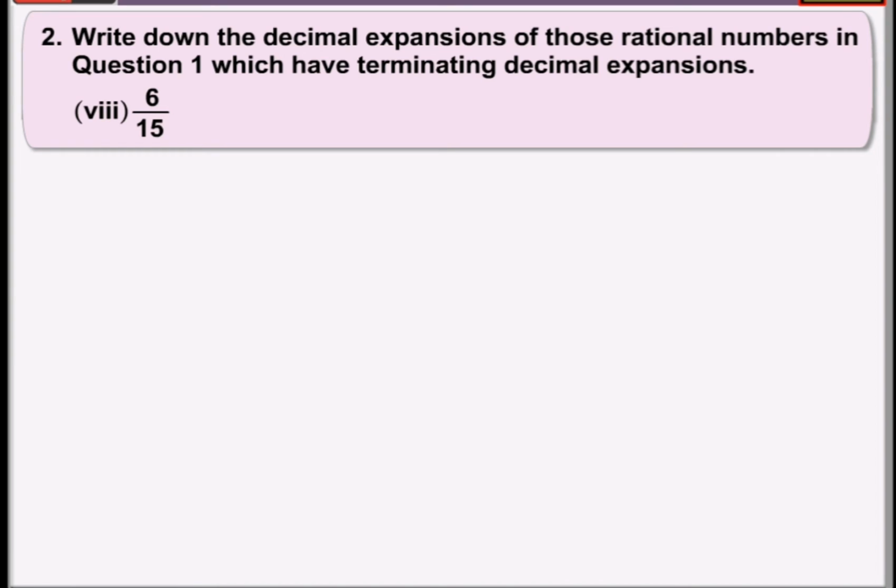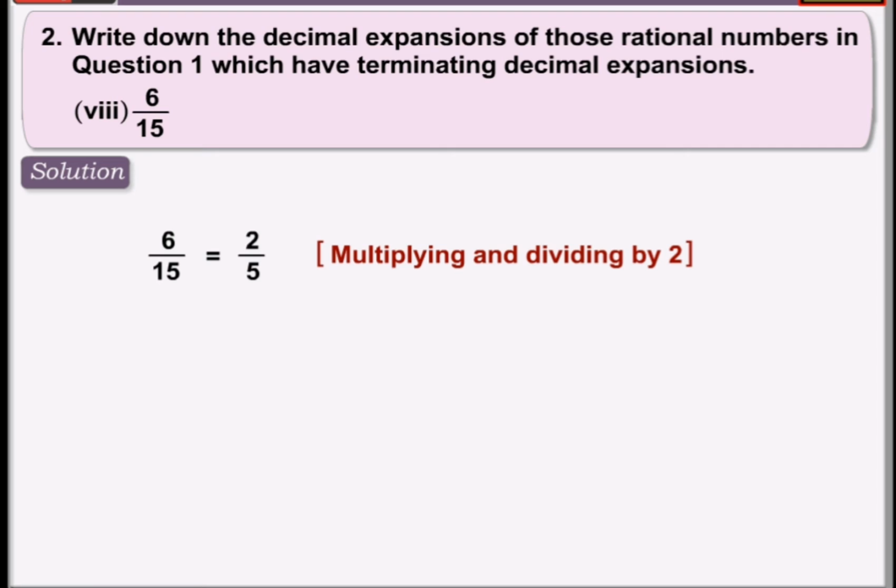Number 8. 6 upon 15. Solution. Now, 6 upon 15 is equal to 2 upon 5. So here we will multiply numerator and denominator by 2. So it is 2 upon 5 into 2 upon 2, that is 4 upon 10, which means it is 0.4.